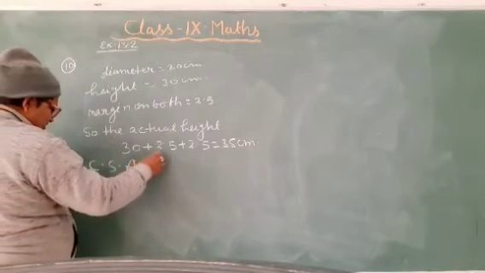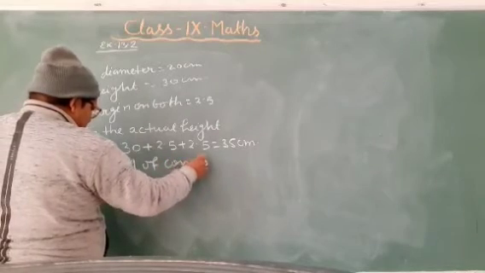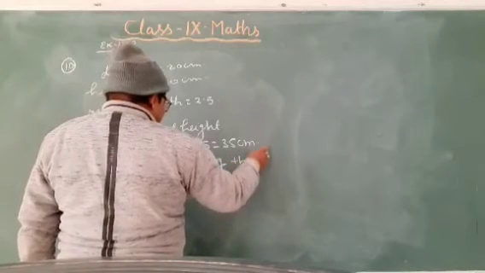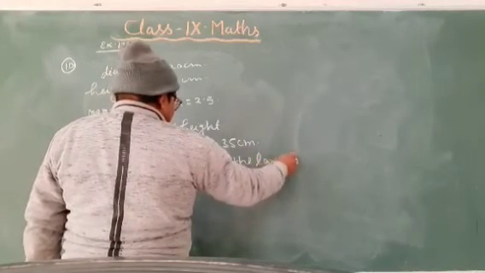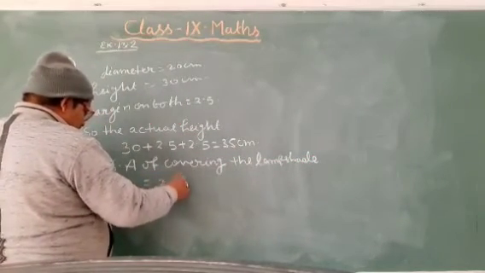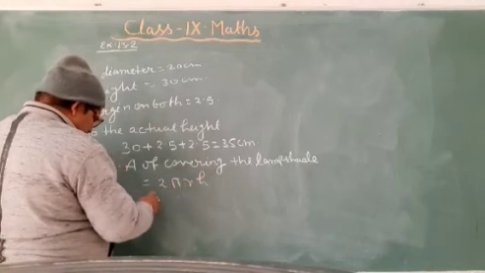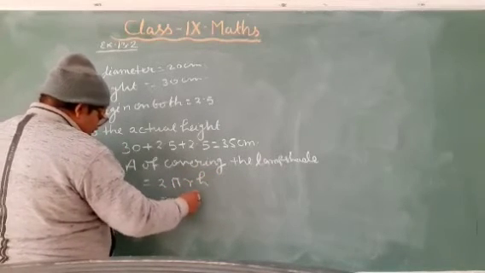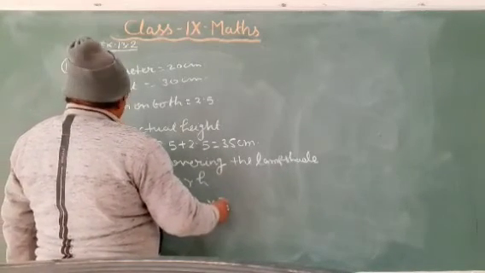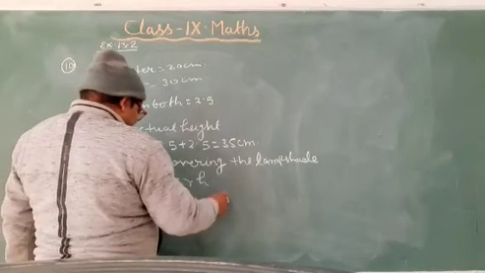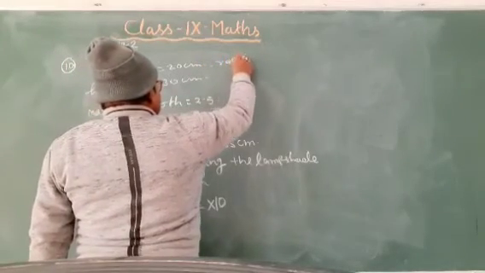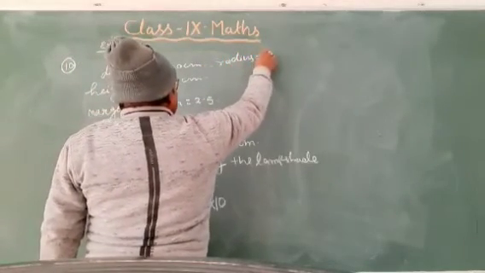CSA of covering the lampshade equal to 2 pi r h, and 2 into 22/7 into r. Now diameter 20 and radius 10 centimeter.